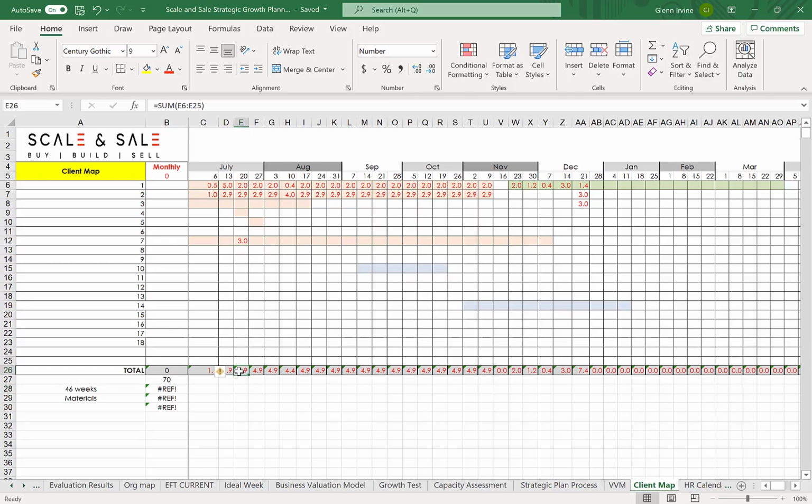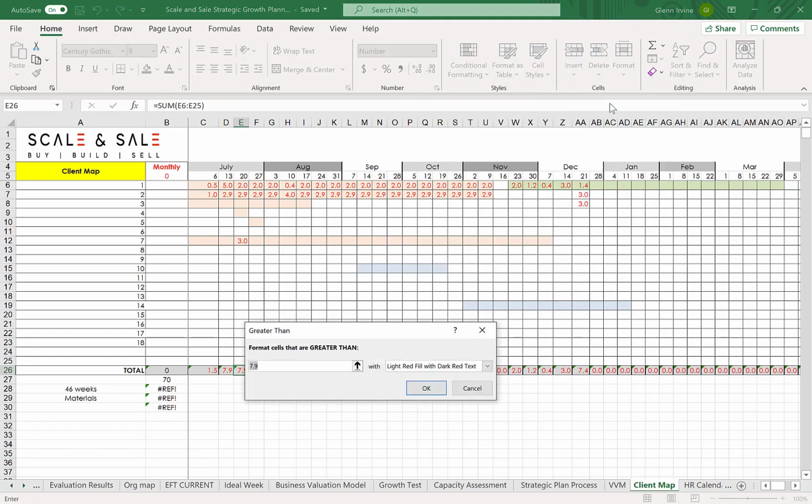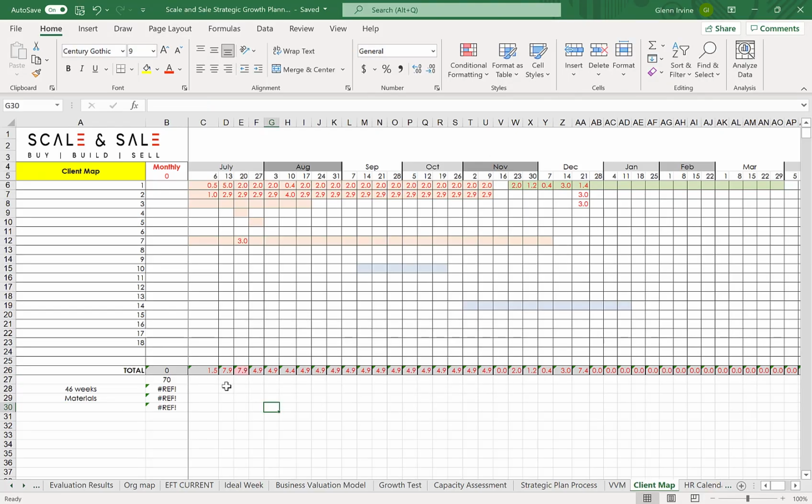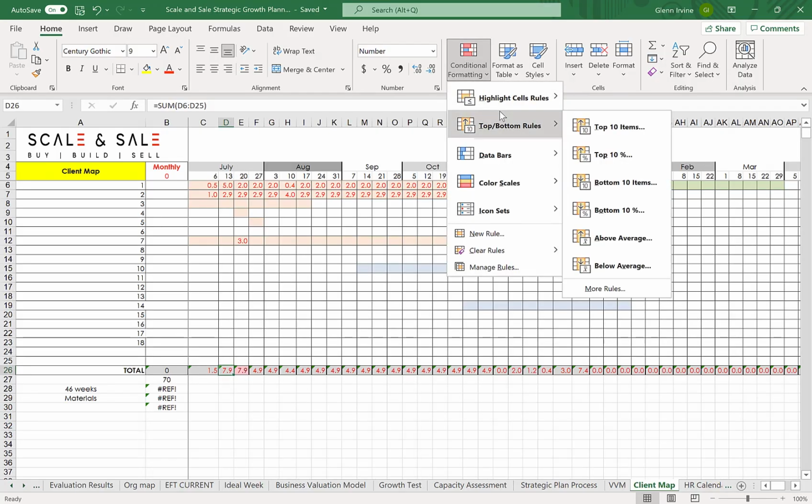If you want, and something that I often do, is just do a bit of conditional formatting. Go up here and go greater than. So you might go greater than 5 because that's all you've got, and you go OK. So that means that would red flag it. And you could go up here and do conditional formatting as well, and look at something that's less than.